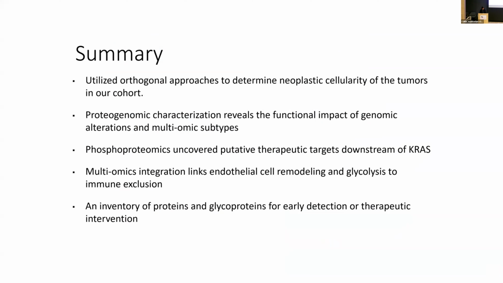The proteogenomic study uncovered putative therapeutic targets for kinases downstream of KRAS, which is difficult to target with drugs. The multi-omic study also revealed endothelial remodeling and glycolysis linked to immune cell exclusion, and identified an inventory of proteins and glycoproteins responsible for cancer that can be used for diagnostic or therapeutic intervention.